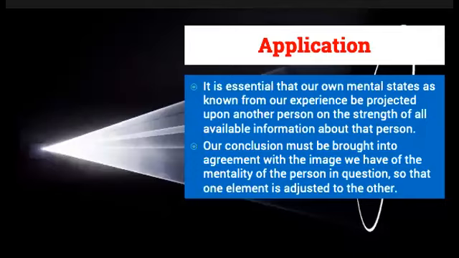Applying this, it is essential that our own mental states, as known from our experience, be projected upon another person on the strength of all available information about that person. Our conclusion must be brought into agreement with the image we have of the mentality of the person in question so that one element is adjusted to the other.